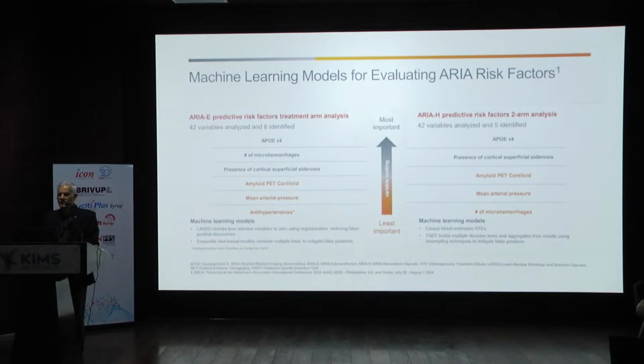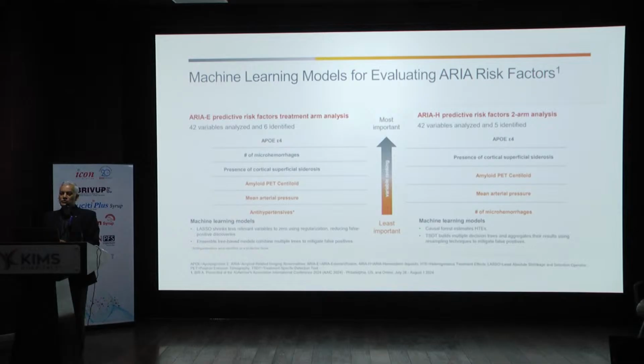This is a machine learning model evaluating ARIA risk factors. So what are the risk factors? Those with the ApoE genotype, ApoE4 homozygosity, have a higher risk. Also microhemorrhages, more than 4 microhemorrhages and 1 superficial siderosis, but also other factors like uncontrolled hypertension and amyloid PET burden.